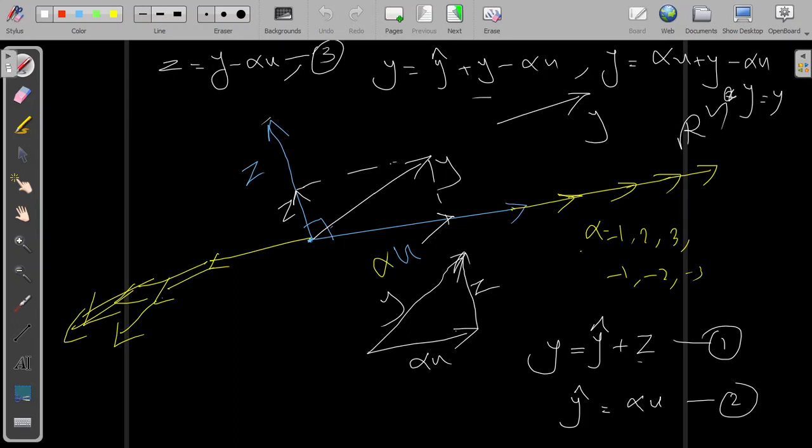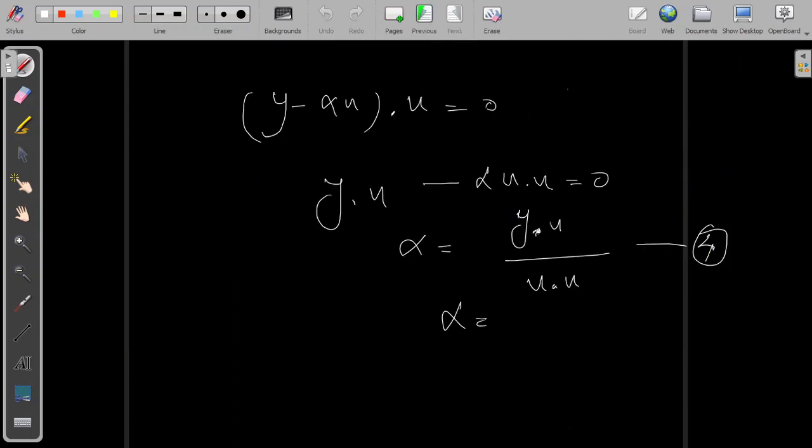If equation 1 is to be satisfied, then alpha must be a scalar, or a real number, such that it satisfies equation 4, that is the inner product y dot u divided by u dot u.